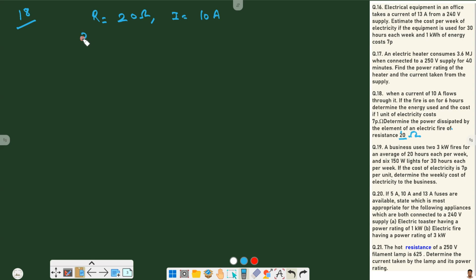So power will be I square R, and this will be 100 into 20, or 2000 watt, or 2 kilowatt, and this is per hour. For this type of question it is always per hour. So for 1 hour it consumes 2 kilowatt.